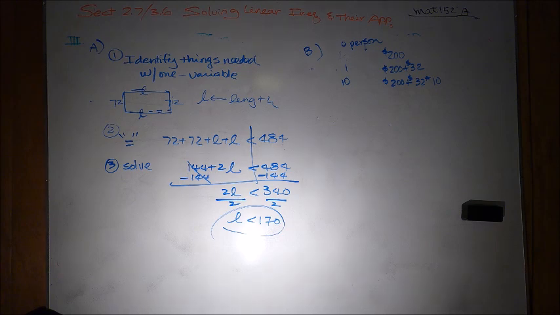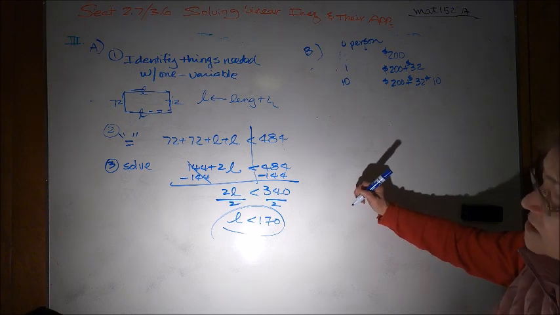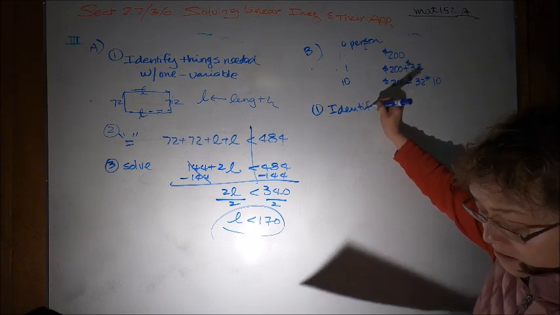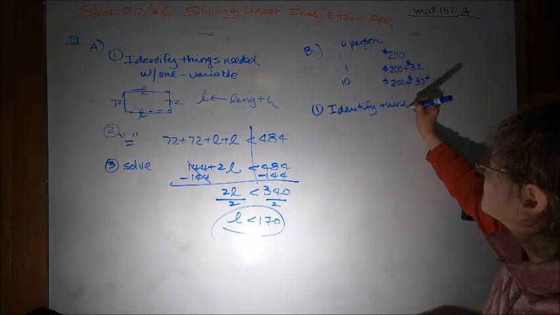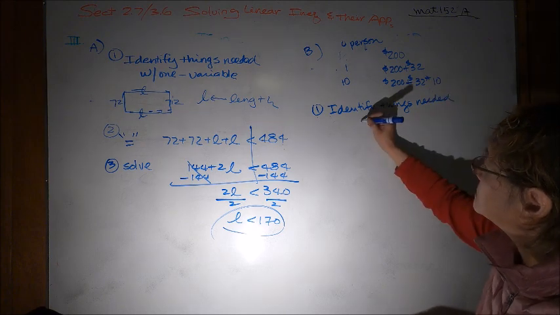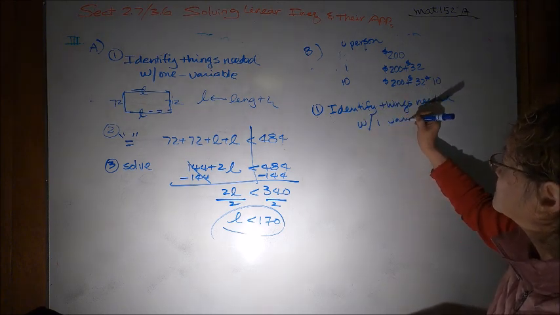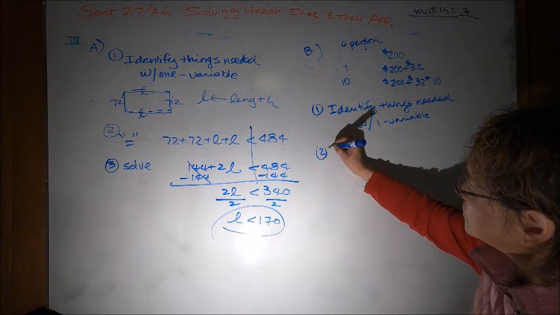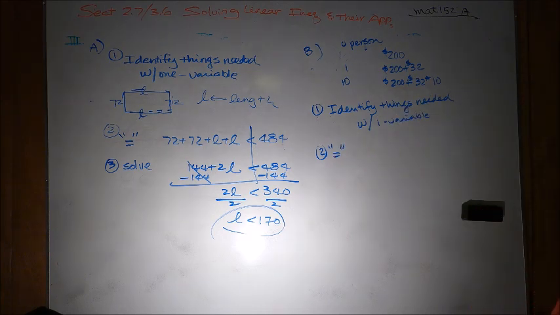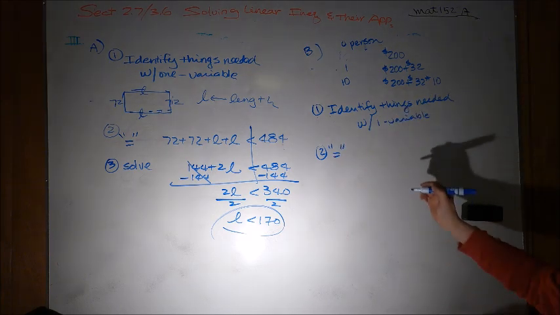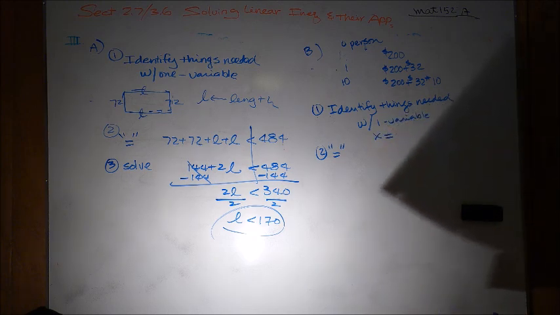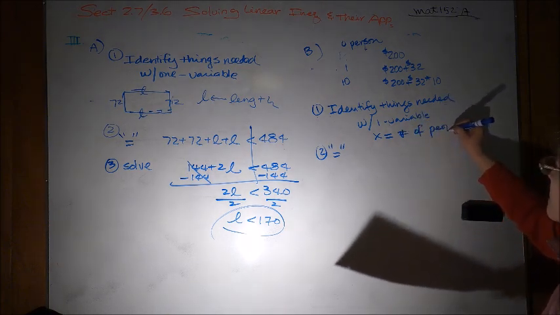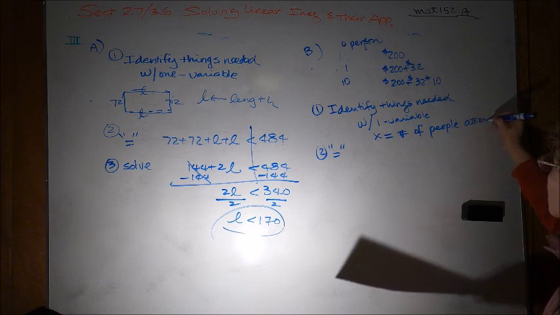So what do you think? We say for the things we don't know, we use X, right? So we will identify the things needed, with how many variables? With 1 variable. Then figure out your equations. For the things we don't know, we need to find out how many people, X, will attend her wedding.